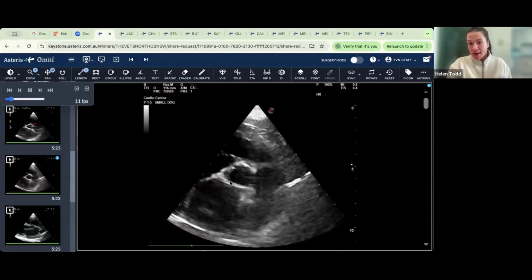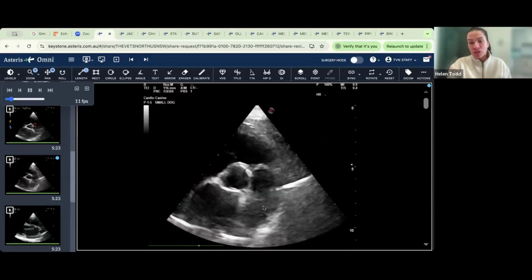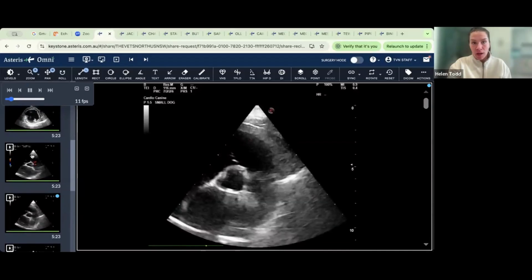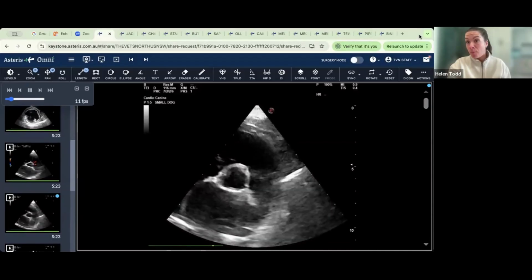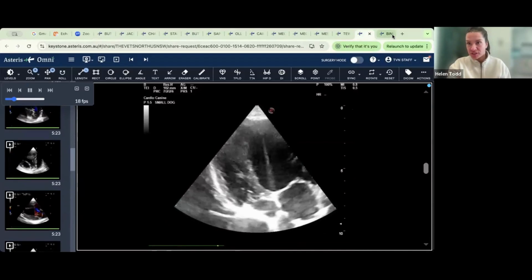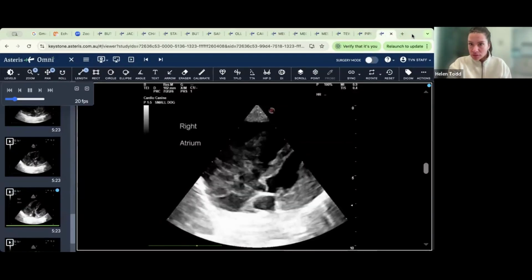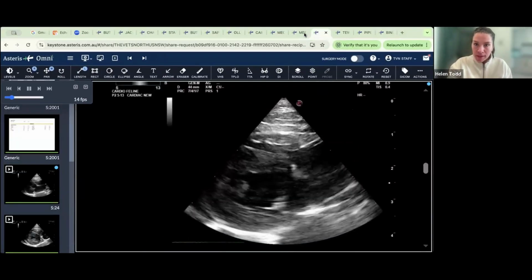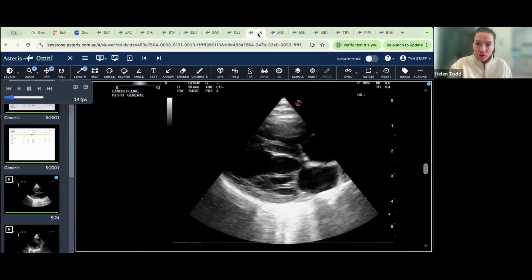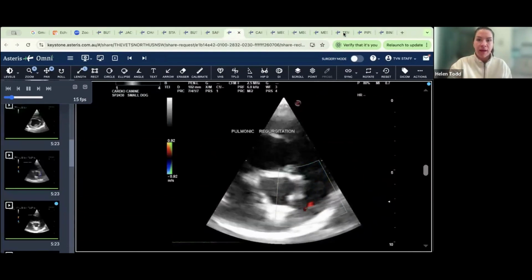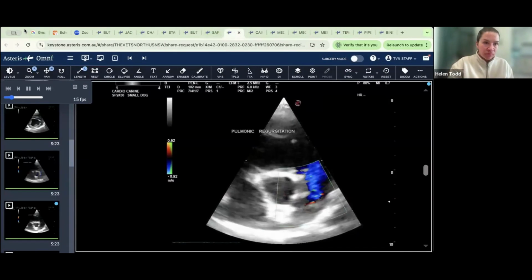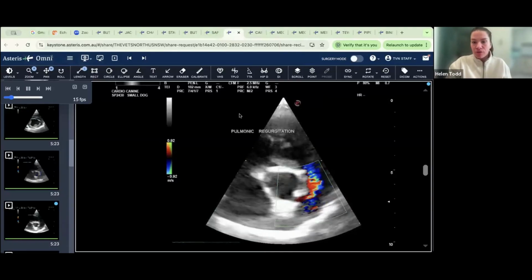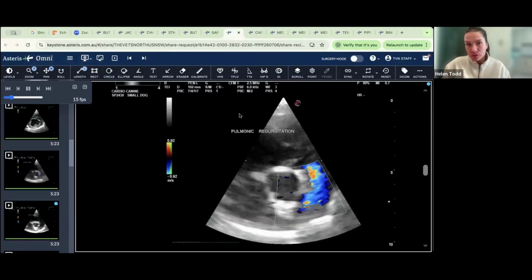So in this view, we're going to do our LA to AO. We're also going to interrogate our pulmonary valve, our pulmonic valve, I should say. Sorry, I'm going to flick through all of them. That's going to be awful on your eyes. On all of our valves, we're going to put color flow.